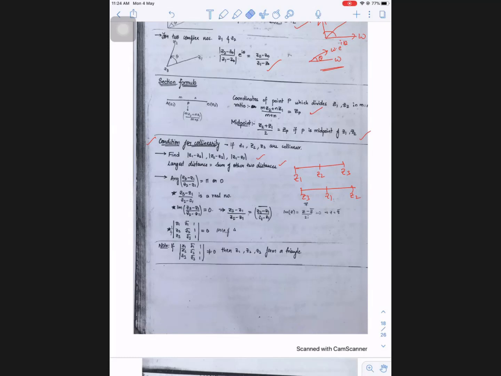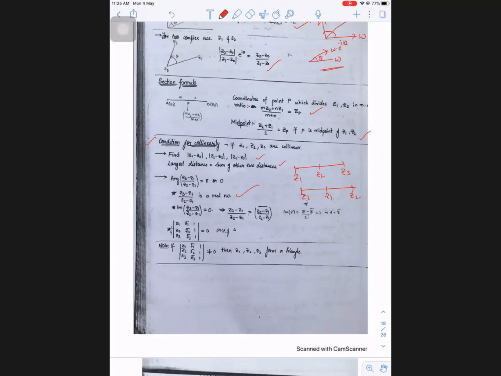So like this angles you will get. So argument is 0 or pi. Argument is 0 or pi means that number is a real number. So (Z3 minus Z1) by (Z2 minus Z1) is real number. If it is real number, then always they are collinear. This is one condition. So in multi-answer questions, all these are useful for us.